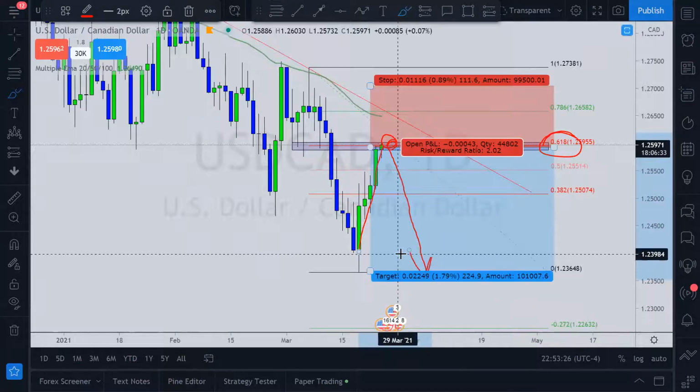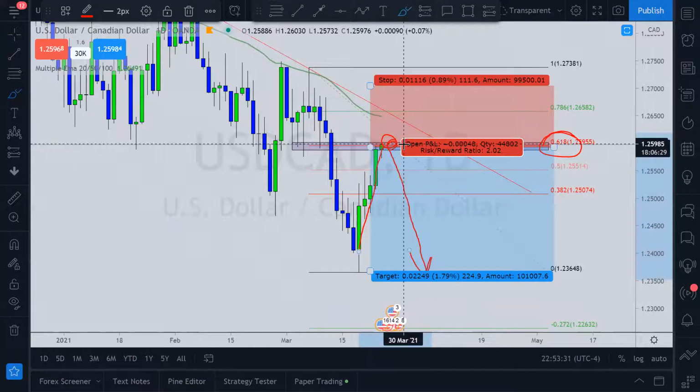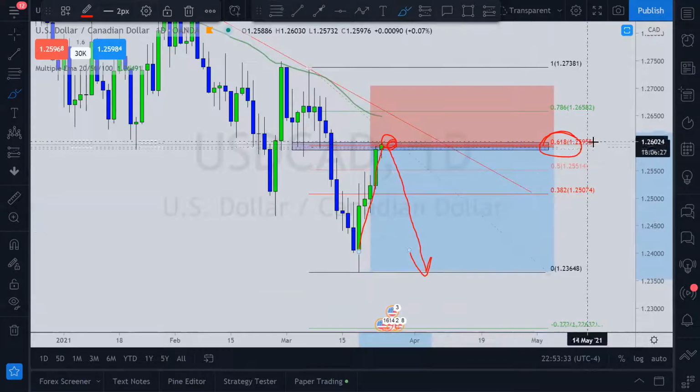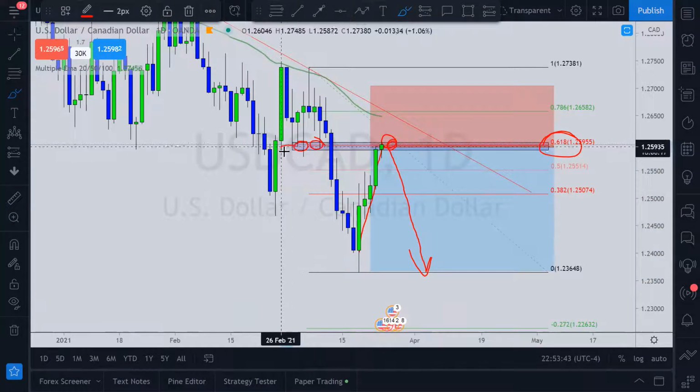Sometimes things go in a different direction or whatever. But if you have the Fibonacci level aligned with structure, and what structure are we talking about? We're talking about lows.